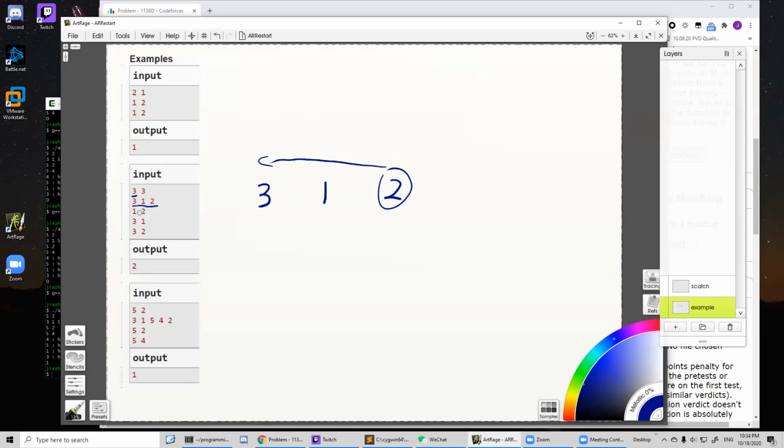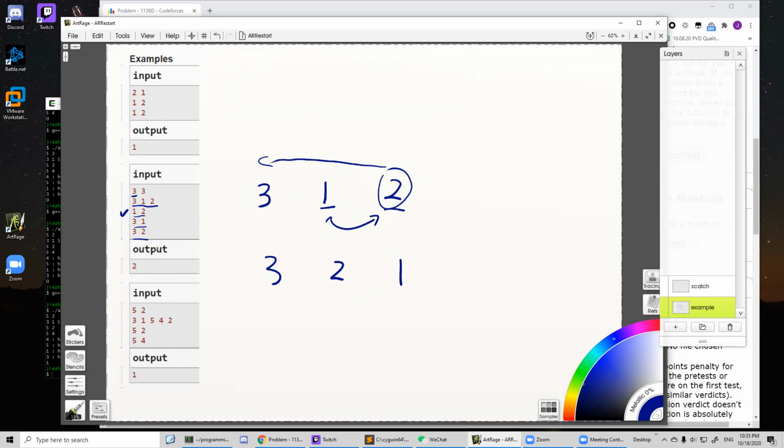And the only pairs we can switch are 1, 2, 3, 1, and 3, 2, right? So can 1 and 2, this pair, switch places? The answer is yes, because we got this pair here, right? So we can switch their places and we can get 3, 2, 1, the new row, right?